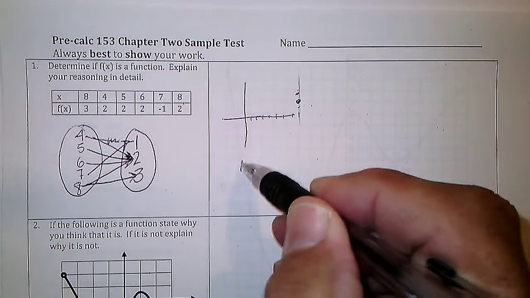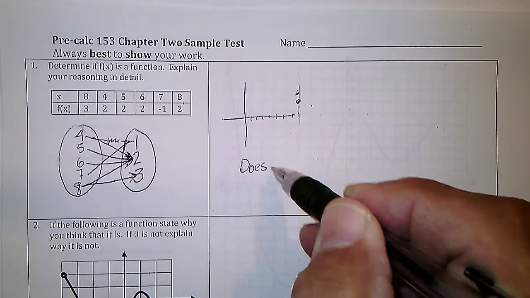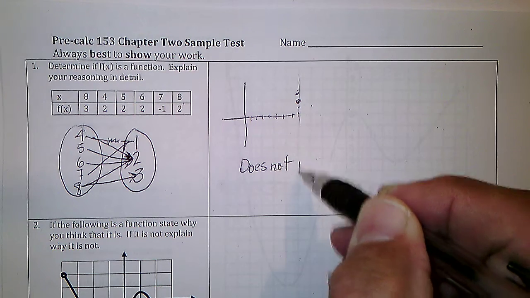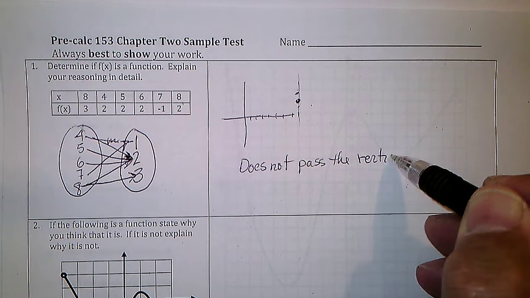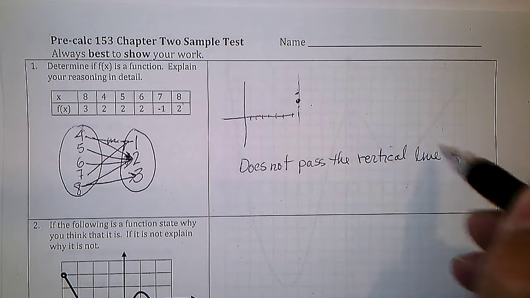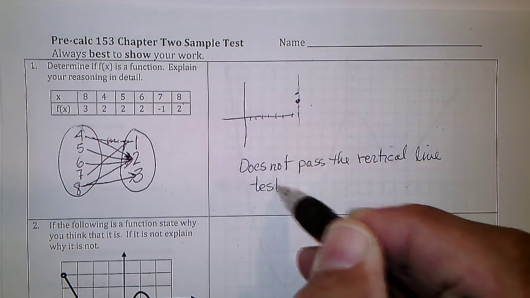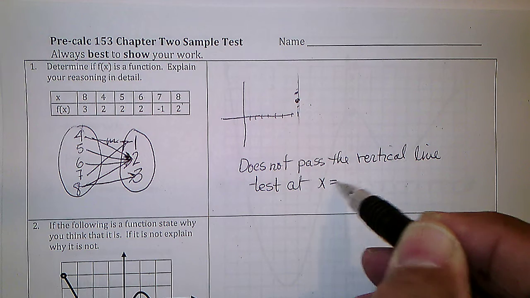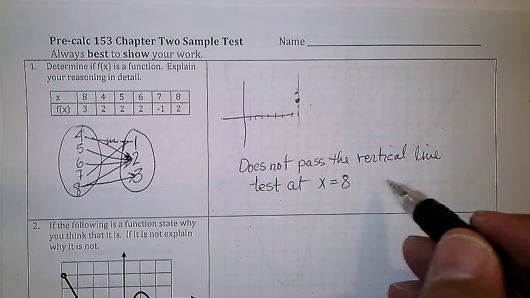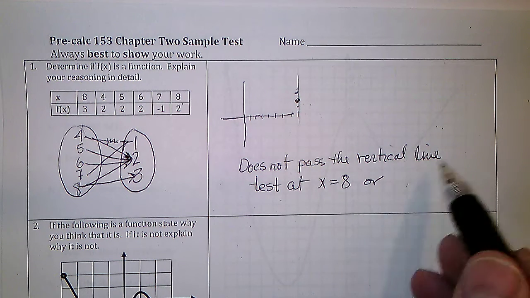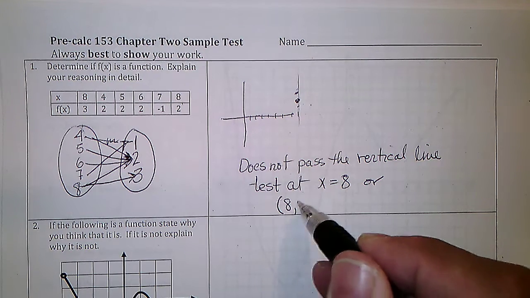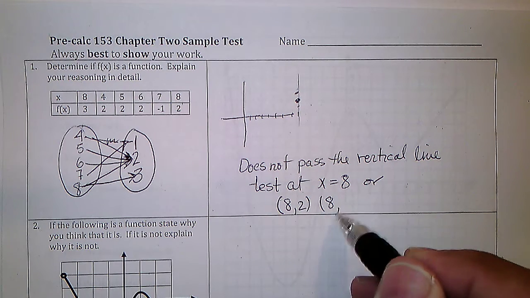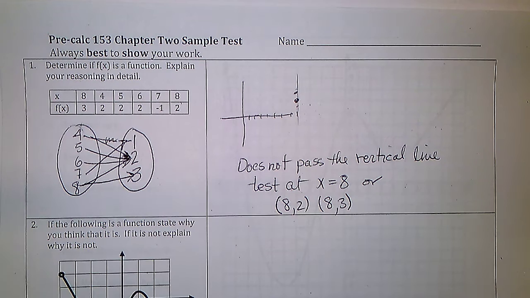So it does not pass the vertical line test at x equal 8, where we have 8, 2, and 8, 3, two different outcomes for the input of 8. Something along that line, okay?